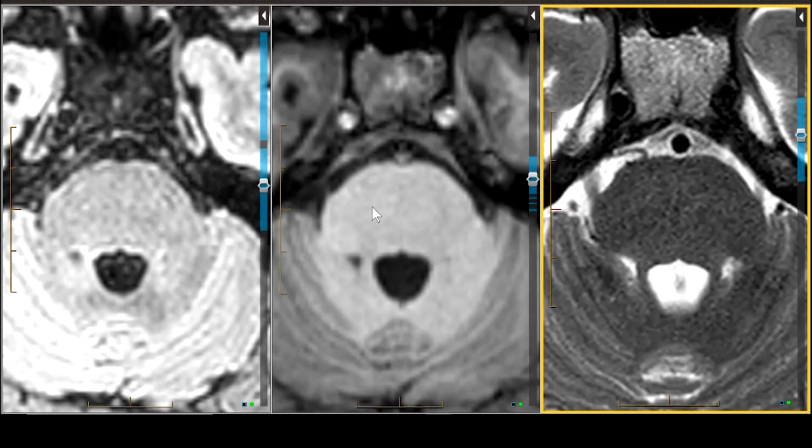I want to take you through an axial flare, thin section T1 and fast spin echo T2, describing for you the nuclear anatomy and position of the trigeminal system as it relates to the brainstem and the brainstem parenchyma. So I have intentionally begun at a level where you can see the portio major of the trigeminal nerve.